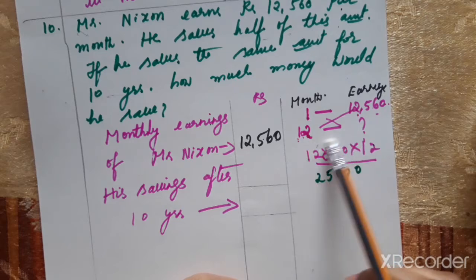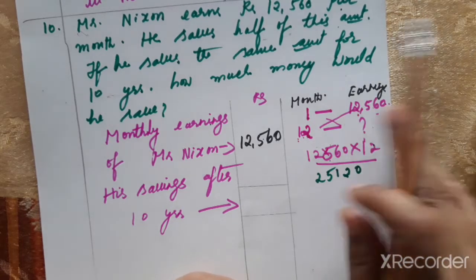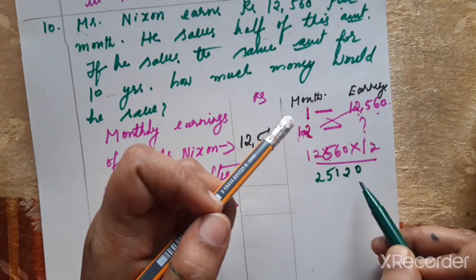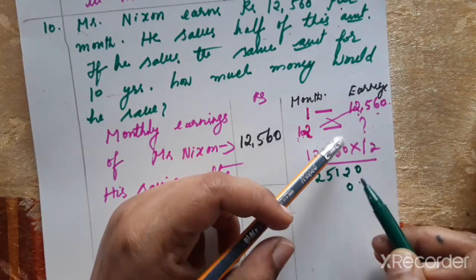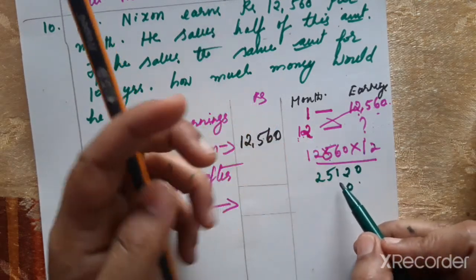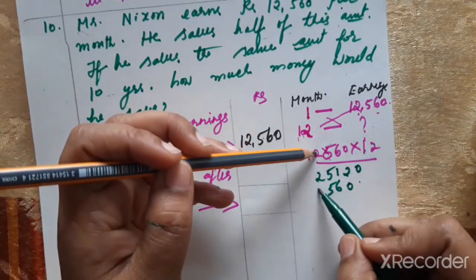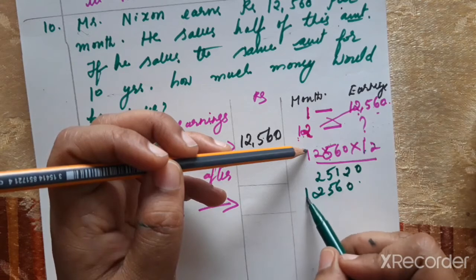Now we have to multiply the second line. Second line is 1. 1 zero is 0. Leave one space and write 0. 1 six is 6, 1 five is 5, 1 two is 2, 1 one is 1.